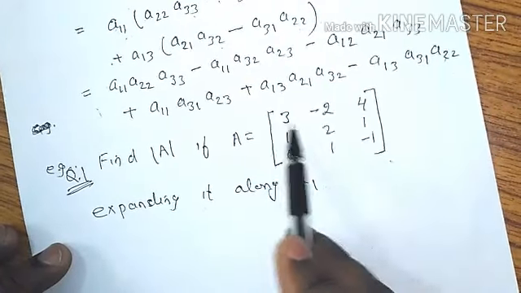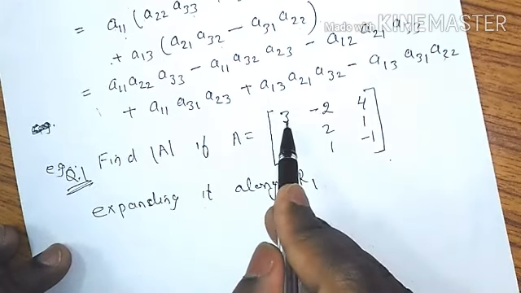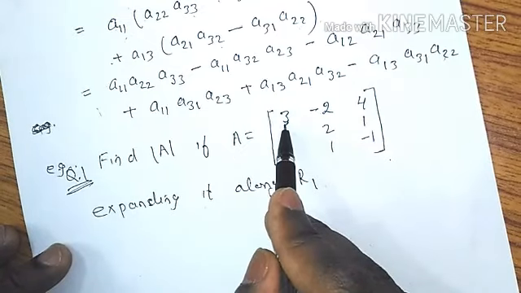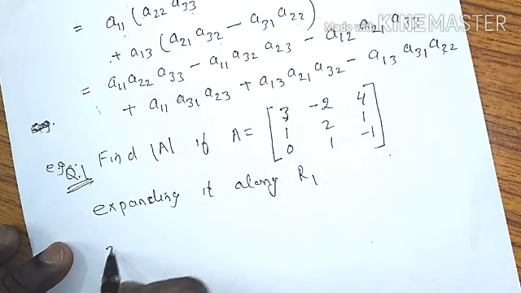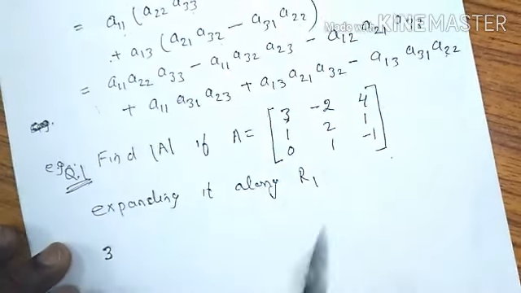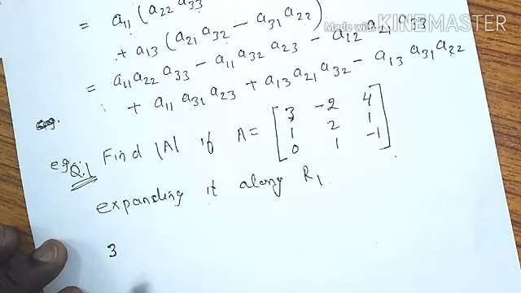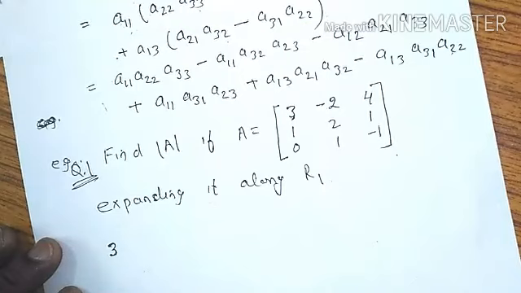In row 1, the elements are 3, minus 2 and 4. When we take this element, its position is first row, first column, so 1 plus 1 becomes even. In the even position we have to take 3 as it is without changing the sign. Whatever the sign is, suppose it is minus 3, then we would have taken minus 3. So 3 is taken.